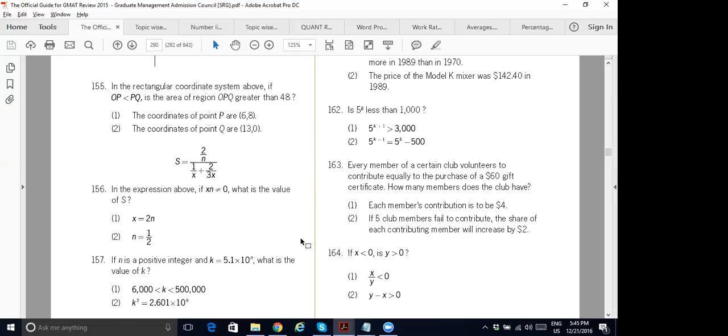Now, how can you do question number 162? Is 5 to the k less than 1000? 625 is what? 5 to the power of 4. Yes, that we know.